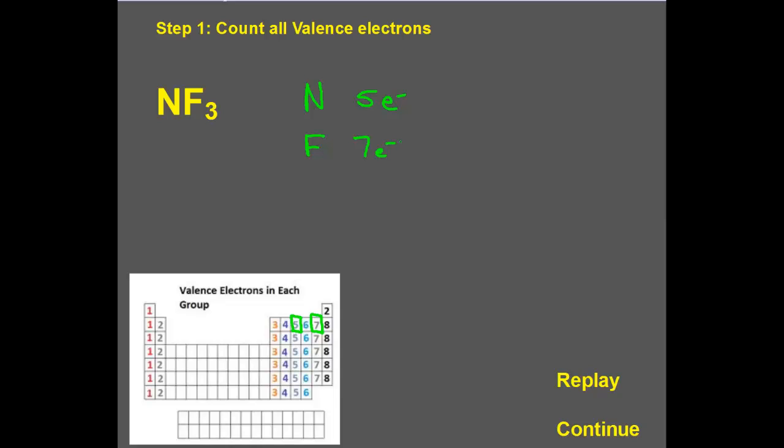One thing we have to keep in mind is the subscript 3 tells us that there are 3 fluorines, each of which has 7 electrons. So we would multiply those 7 electrons by 3 to get a total of 21 electrons. And now we take our 5 electrons from nitrogen and add it to our 21 electrons from fluorine atoms, and we have 26 electrons total.